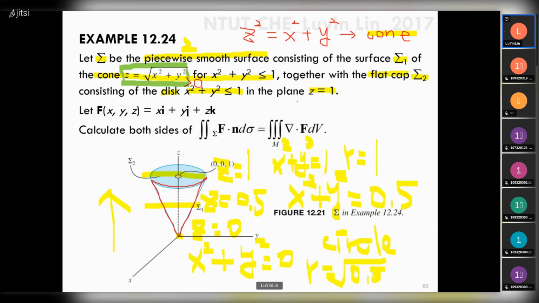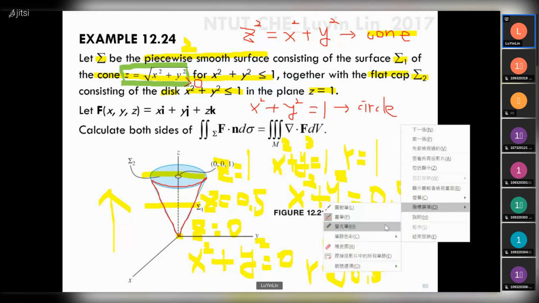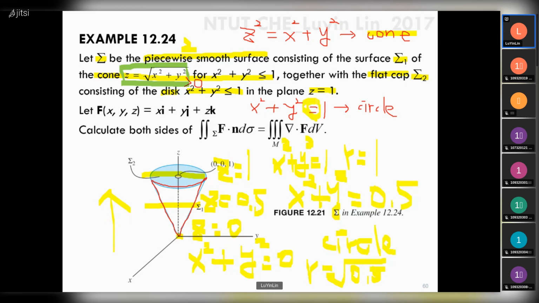If we change this equation, I think you know this equation, x squared plus y squared is equal to 1. What is this? This is a circle, right? Circle means only the outer curve. It is a circle because this is equal to 1.